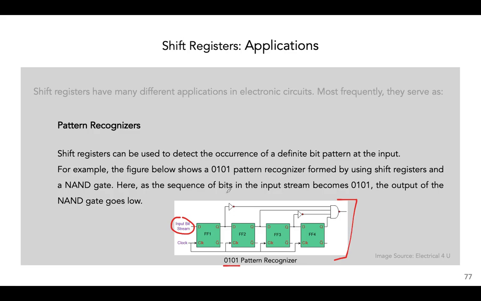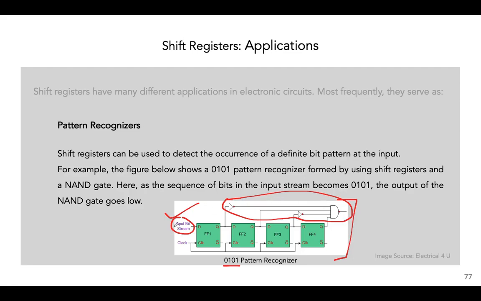So this is a shift register, right? We have 4 D flip-flops like we normally do. The clock pulse goes to every one of these flip-flops, and with the help of this additional circuitry, you can detect the presence of 0101 inside the input bit stream, whatever you feed to this register.